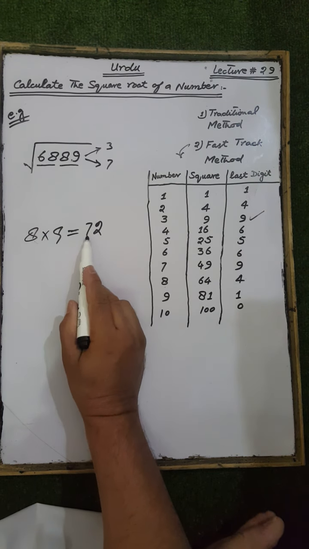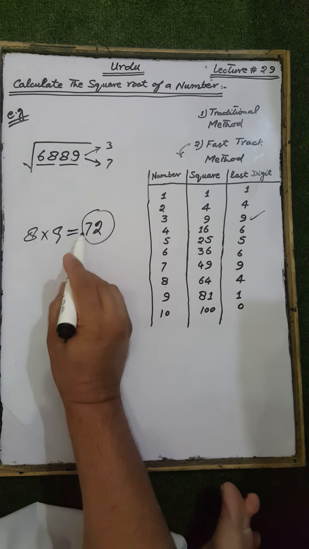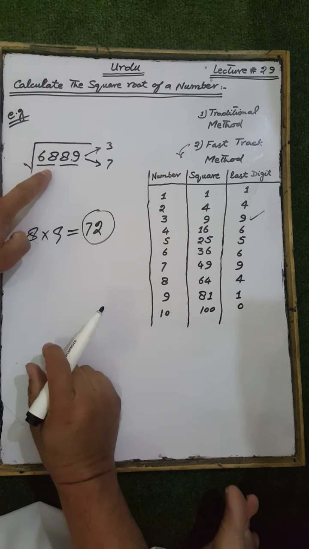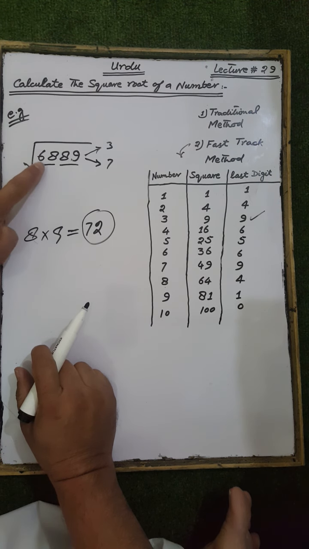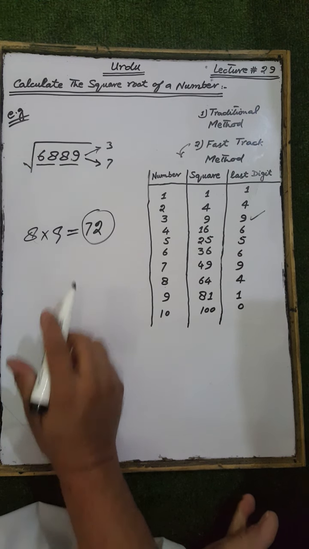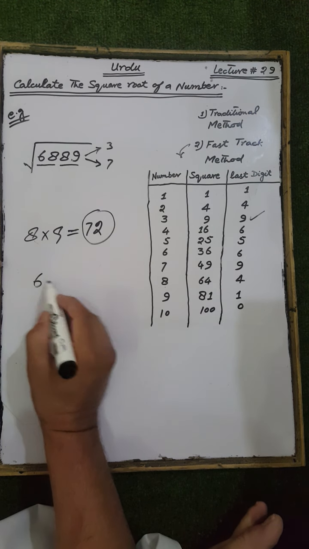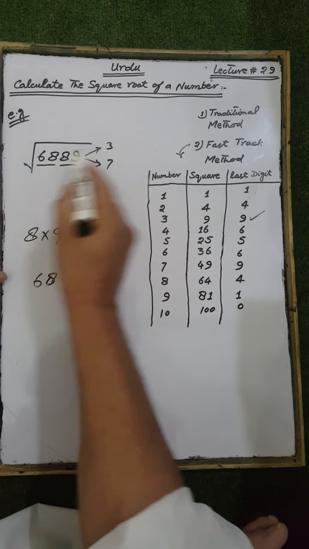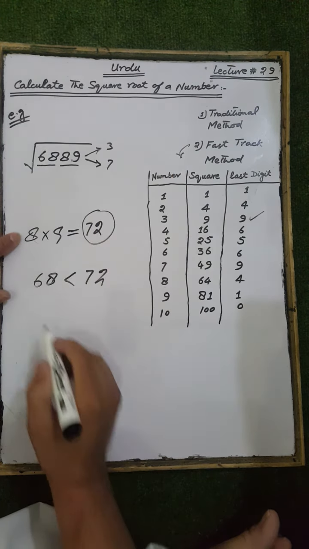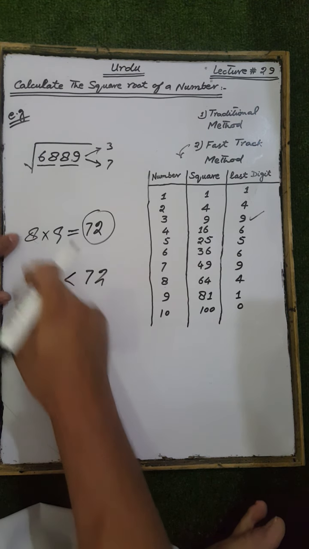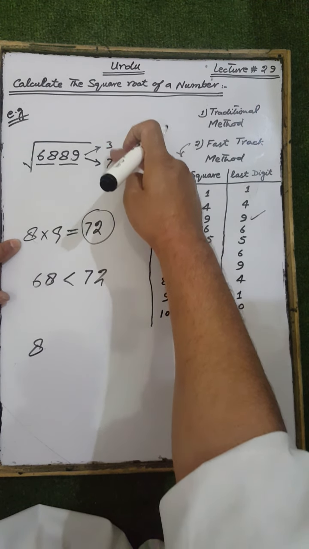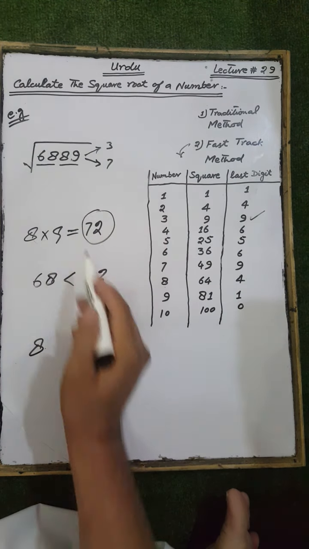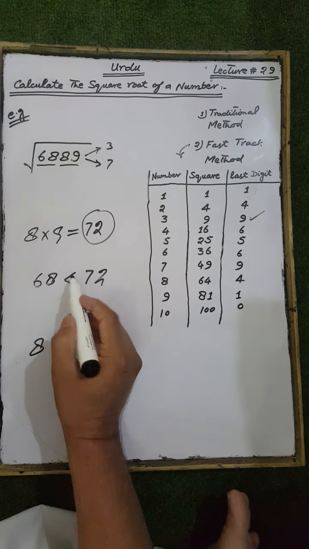The number is 72. If 68 is less than 72, then the next number will be 88, and the number selected from these two extreme numbers will be according to this condition.